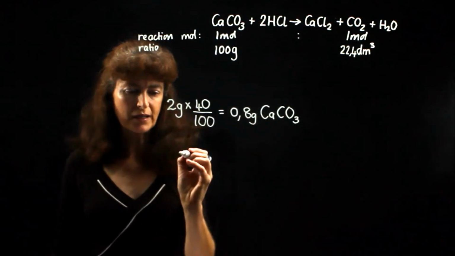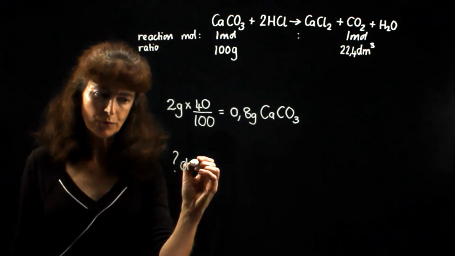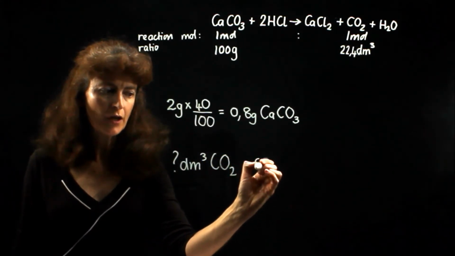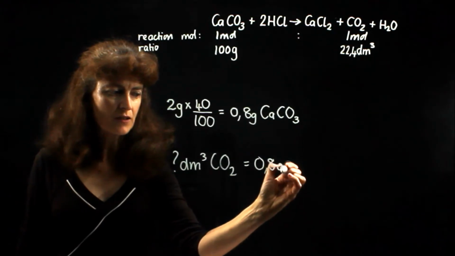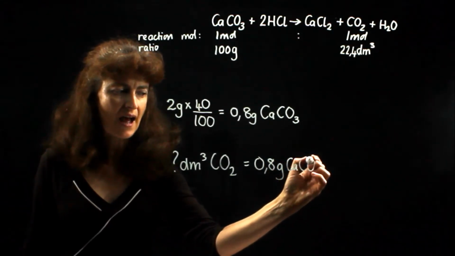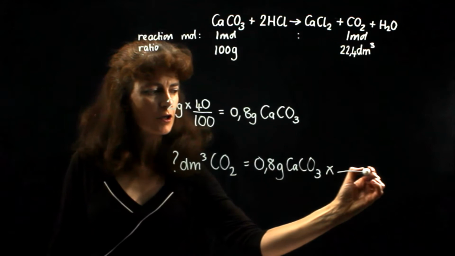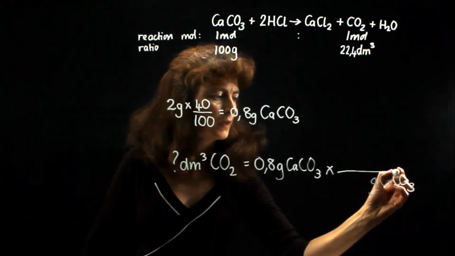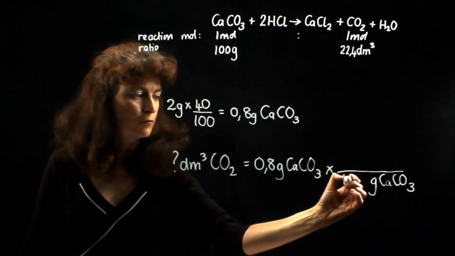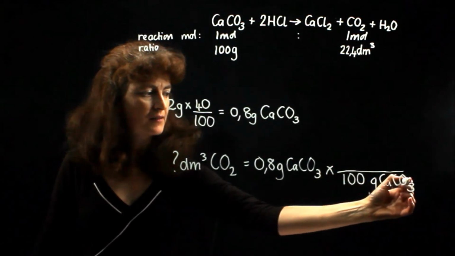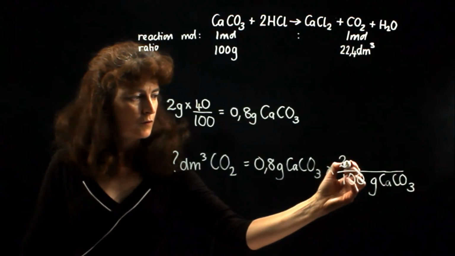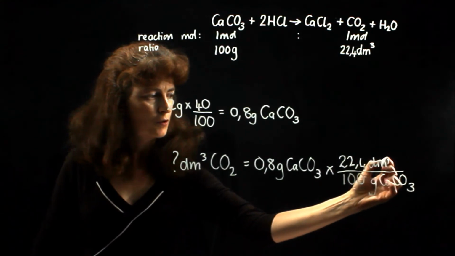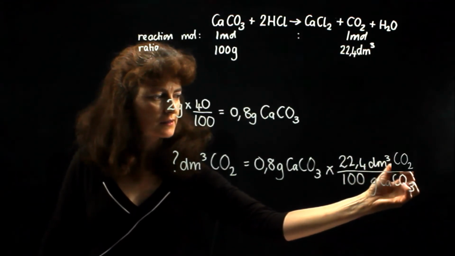So now the question becomes, what volume of carbon dioxide will be produced when 0.8 grams of calcium carbonate reacts, and the reaction ratio in which these two react is 100 grams of calcium carbonate for every 22.4 decimeter cubed carbon dioxide.